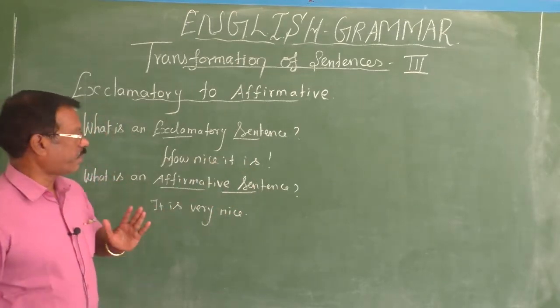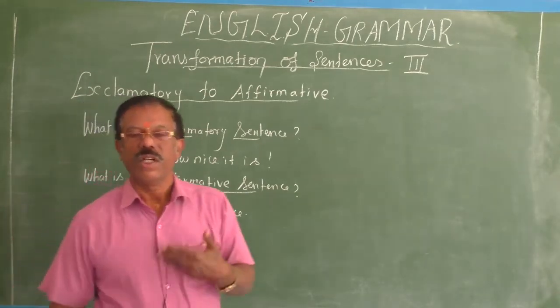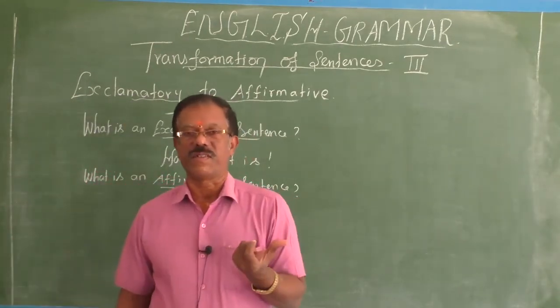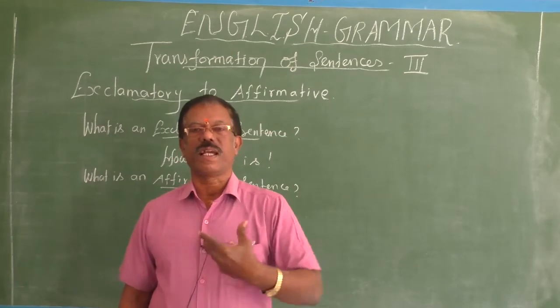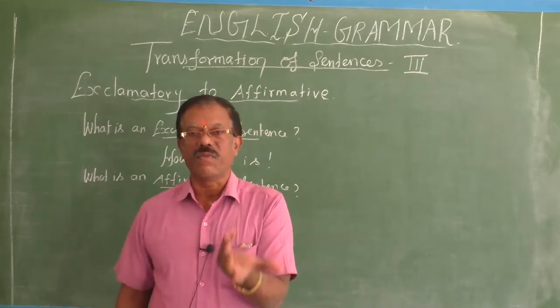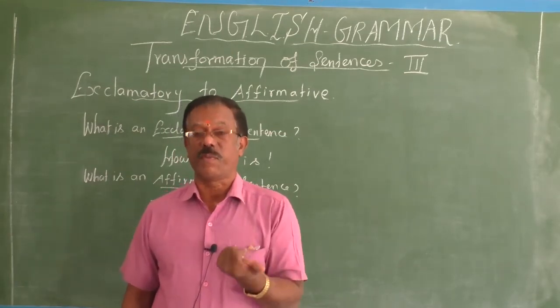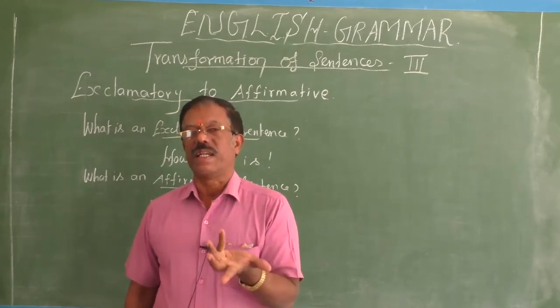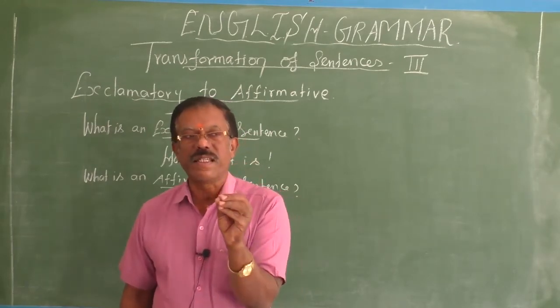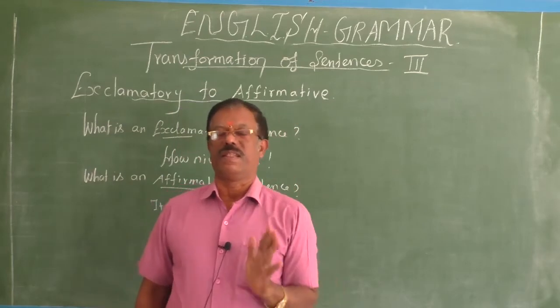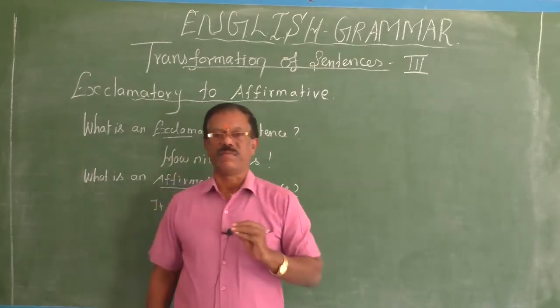Next, what is an affirmative sentence? So many times I have given you the definition for an affirmative sentence. Well, anyhow, once again I would like to say a definition for an affirmative or assertive sentence. An affirmative sentence is one that affirms something. It agrees with something.